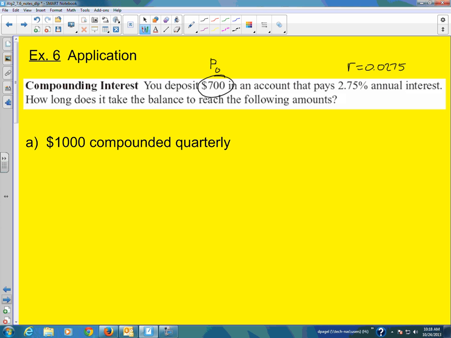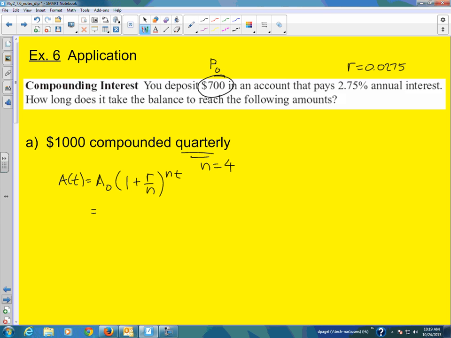How long does it take if we're going to get the following? Quarterly compounding. So quarterly again means 4 times in a year. So we'll just run through this example here. This is the problem that sets up as A sub t is equal to A sub 0 times 1 plus r over n to the nt power, n representing how many times in a year we're compounding, which is 4.